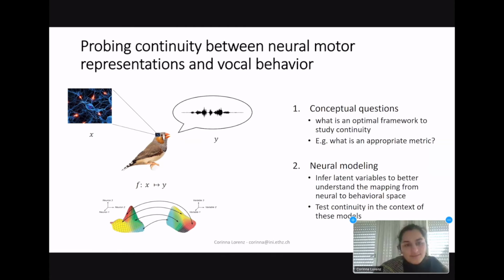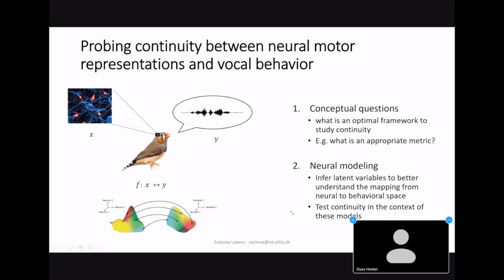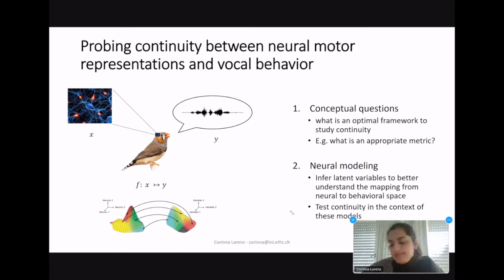I have one question. Suppose that someone comes up with a new metric, how would you be able to validate that metric? I think that's part of the science, that we don't know the answer, and we have to evaluate what a good metric is, what makes sense to us, based on the assumptions that we make.